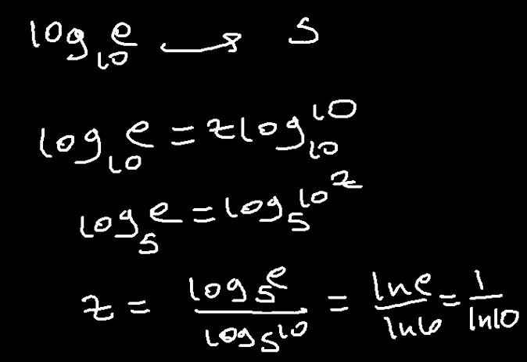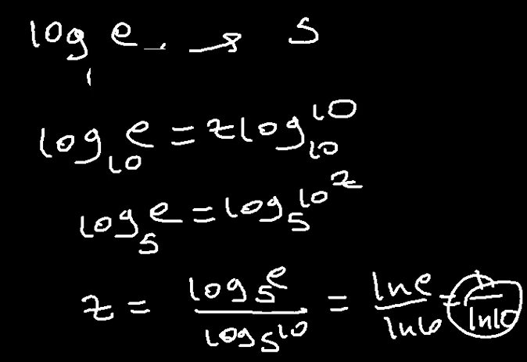Now, in a general sense, this is true even if we have a base other than 10, say 6 or 20, whatever base you think about. At the end of the day, we end up with this.